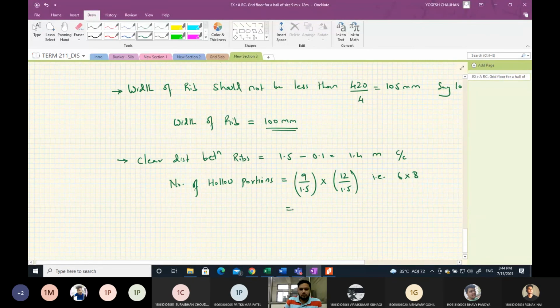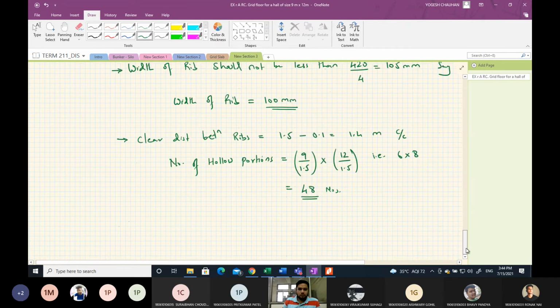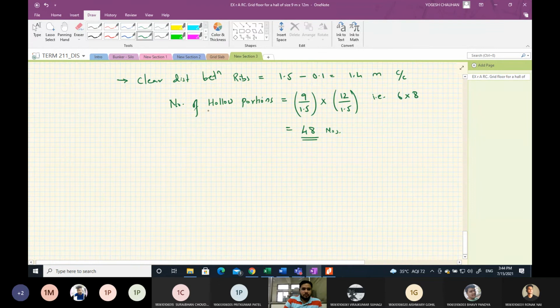So that is equal to 48 numbers. So we have such 48 hollow portions. Now let us sketch the rib, the beam.